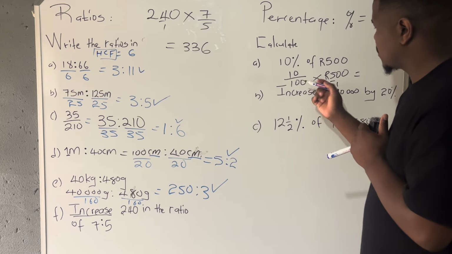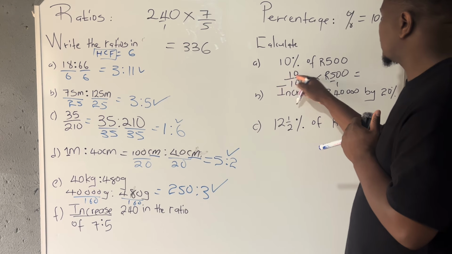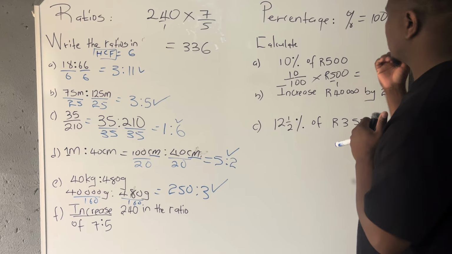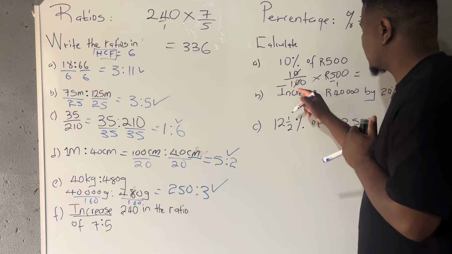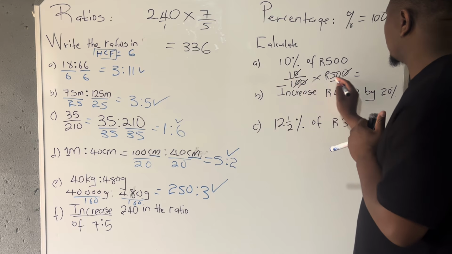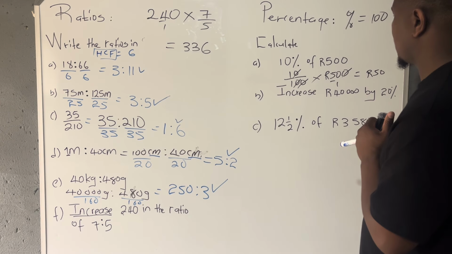Now, because I don't have a calculator, I'll use cancellation, because somebody can say 10 times 500, you're going to have 5,000. 5,000 divided by 100. So cancellation, basically, I can say this cancels that, and 10 cancels 10. So you're only left with 1 times 50. So that means it will be 50 rand.